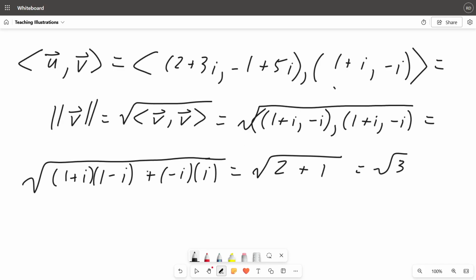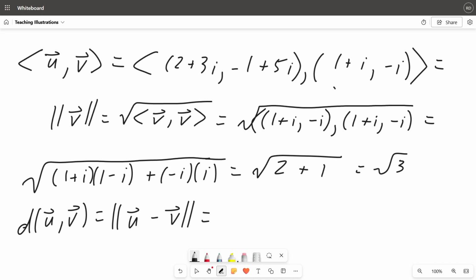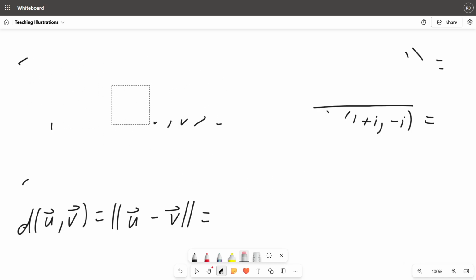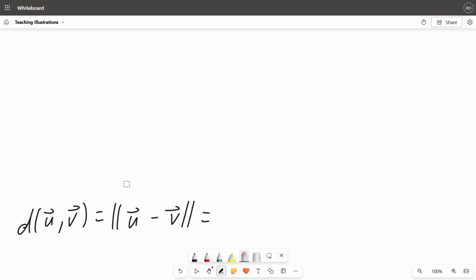And then the distance from u to v is the norm of u minus v, which is, let's see, the norm of u minus v, comma, u minus v.